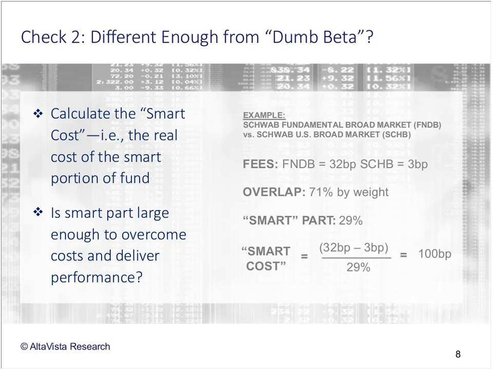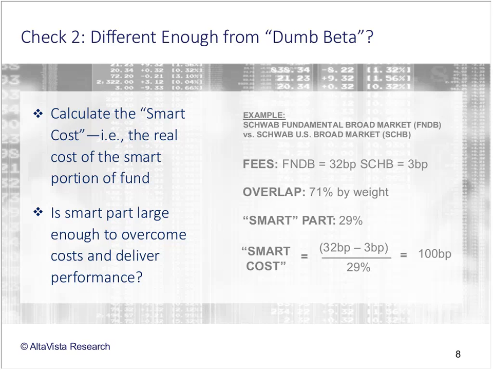So, for example, here we've chosen the Schwab Fundamental Broad Market ETF, ticker symbol FNDB. As an example of a smart beta ETF, it's a well-diversified multi-factor ETF. But it's really just a fundamentally weighted version of the Schwab US Broad Market ETF, ticker symbol SCHB, which is a traditional cap-weighted index fund.